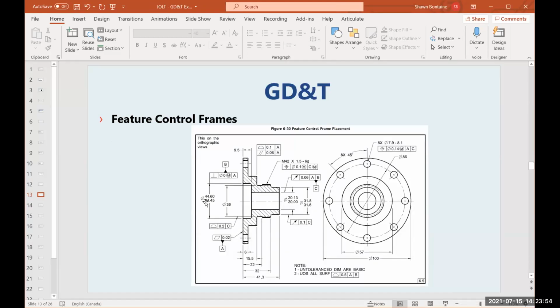So here we can see not only do we have to cover the actual physical size and the depth, but it needs to be perpendicular within so much to datum A to establish or qualify this feature as datum B. So those are the four common ways you'll come across feature control frames.